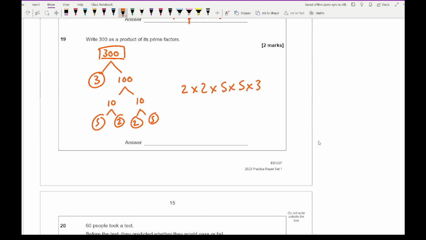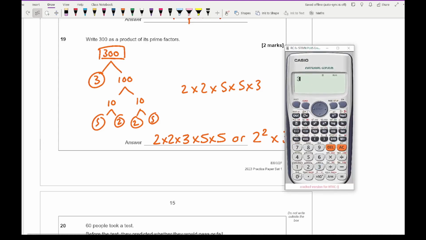I've missed out a 3, so we could either write it as 2 times 2 times 3 times 5 times 5, or we could write it using powers, which is 2 squared times 3 times 5 squared.